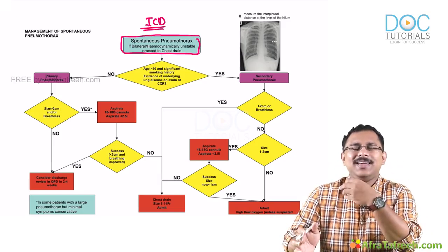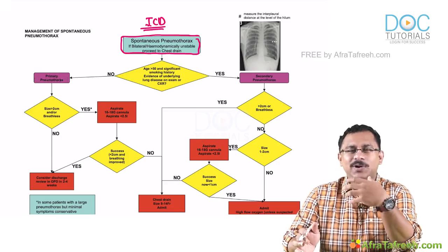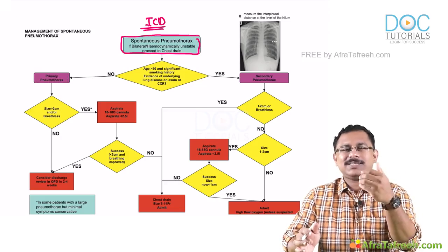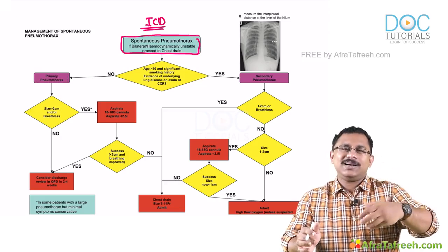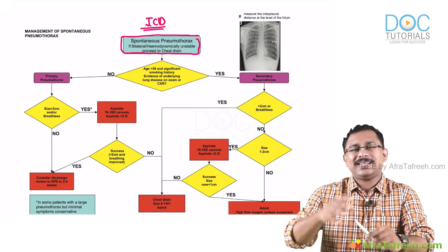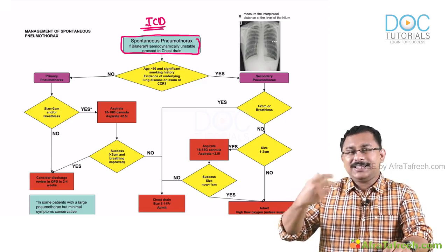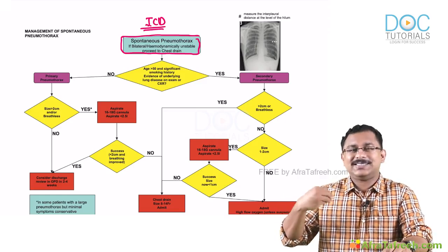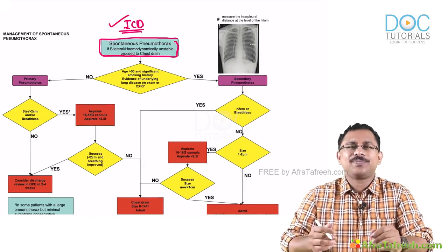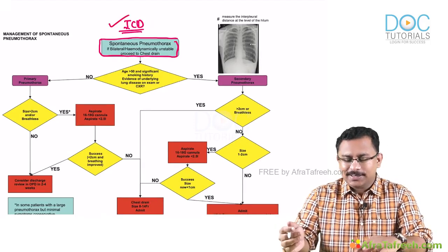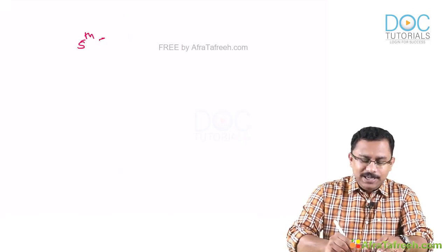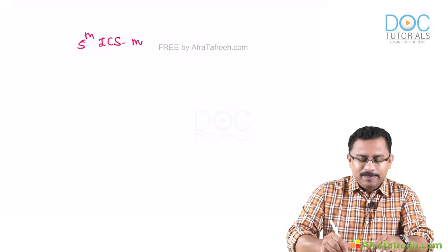You have relieved the tension by inserting a large bore needle. But again, you won't sit relaxed after that, because you never know if there is going to be another rupture of another bulla. So if there is some hemodynamic compromise after your initial treatment, like in a tension pneumothorax, you can put a large bore needle, and you can insert a chest tube. And what is the site in which you insert your chest tube? It is going to be the fifth intercostal space in the mid-axillary line.